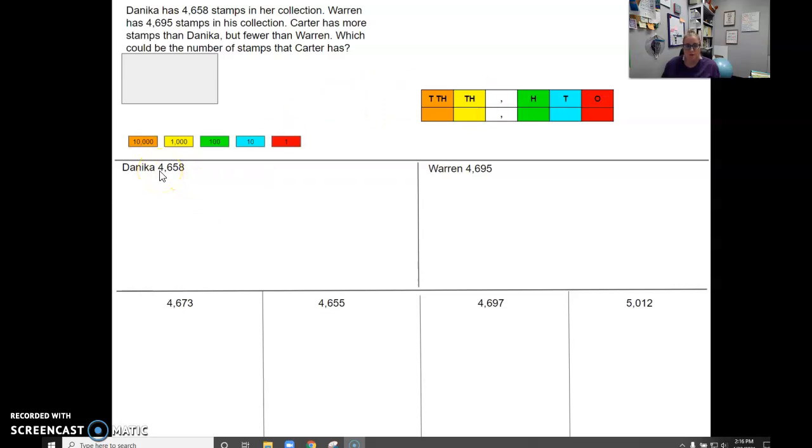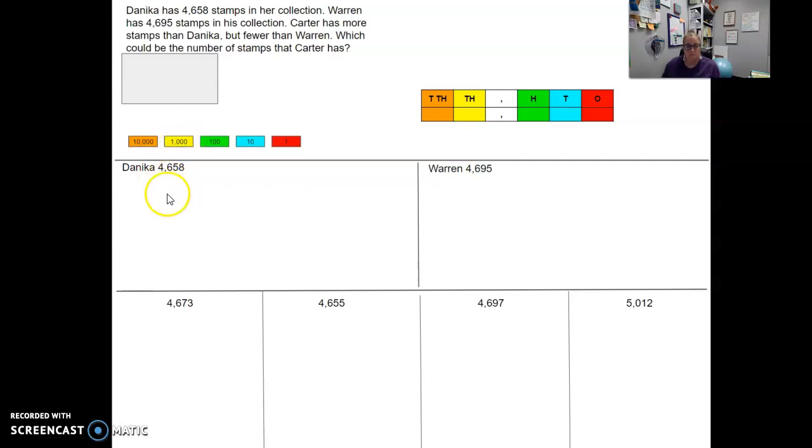So I'm going to have 4,000, so I'm going to use 4 of my thousands. There we go. Then I'm going to have 6 hundreds. I'm going to have 5 tens. And I'm going to have 8 ones.